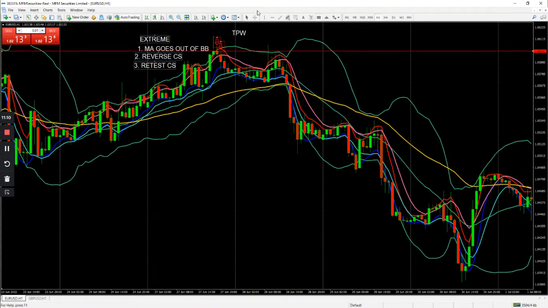Where is the TP wajib? The opposite moving average. I won't anticipate it. Once it touches the MA low, I would just take a TP.